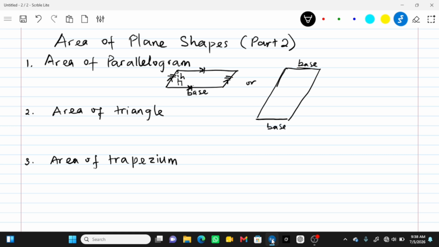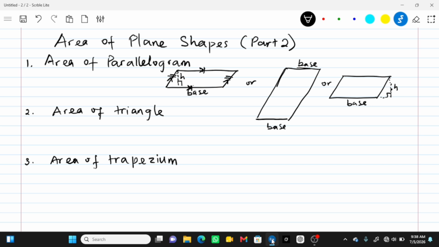Or you could stand it this way. For the vertical height, sometimes they make a tiny dot this way, and then this way, and put 90 degrees. So this will be the height, and the base still will be the base.